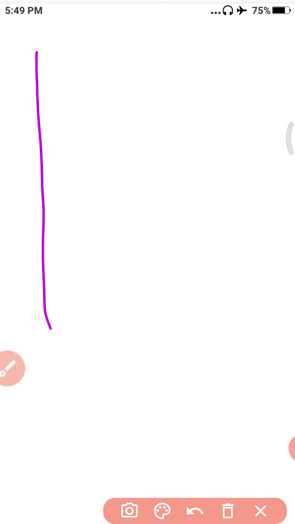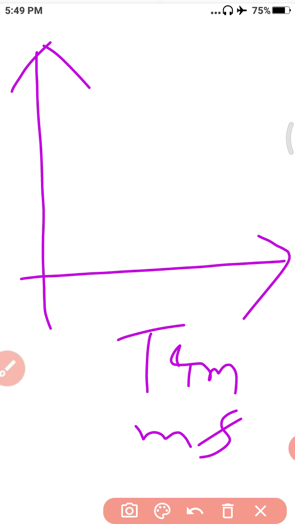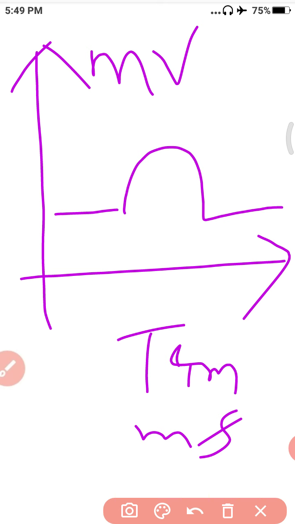What is the action potential of the muscle cell? If you want to see the action potential of the muscle cell, what is your output waveform? The time period on the x-axis is in milliseconds, and the y-axis is in millivolts. After applying the excitation, what is your action potential output waveform?